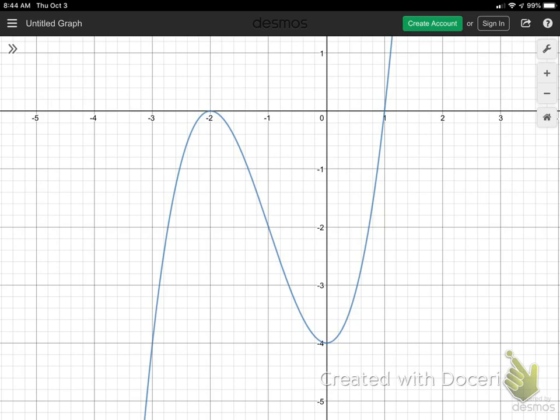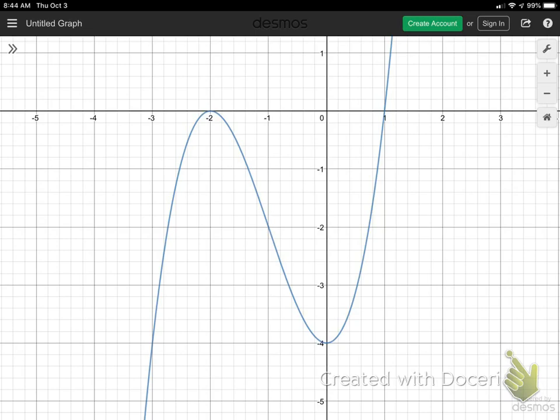Okay. Now, I want you to think about this graph. I'm giving you a graph. Do we have enough information to come up with an equation? Okay? The end behavior here, is it acting like the highest exponent is even or the highest exponent is odd? Odd.